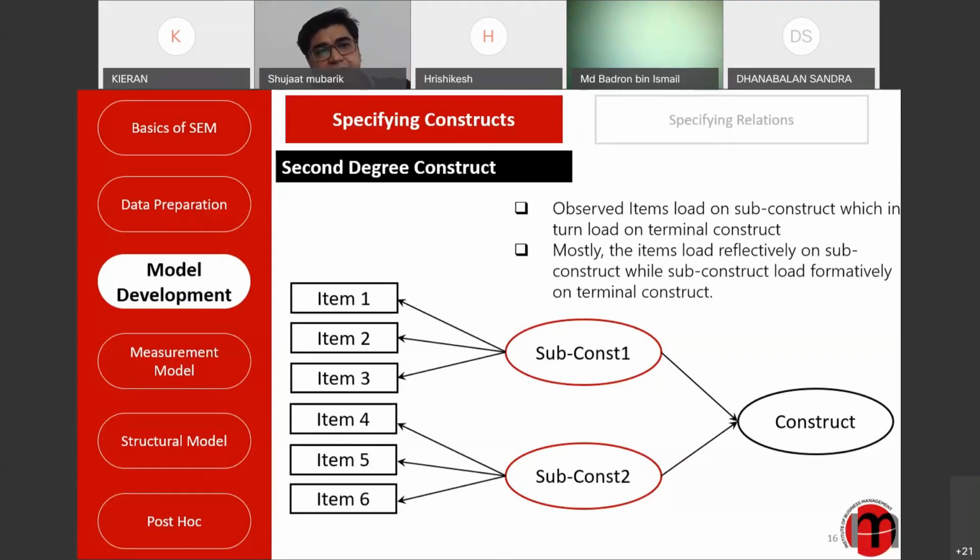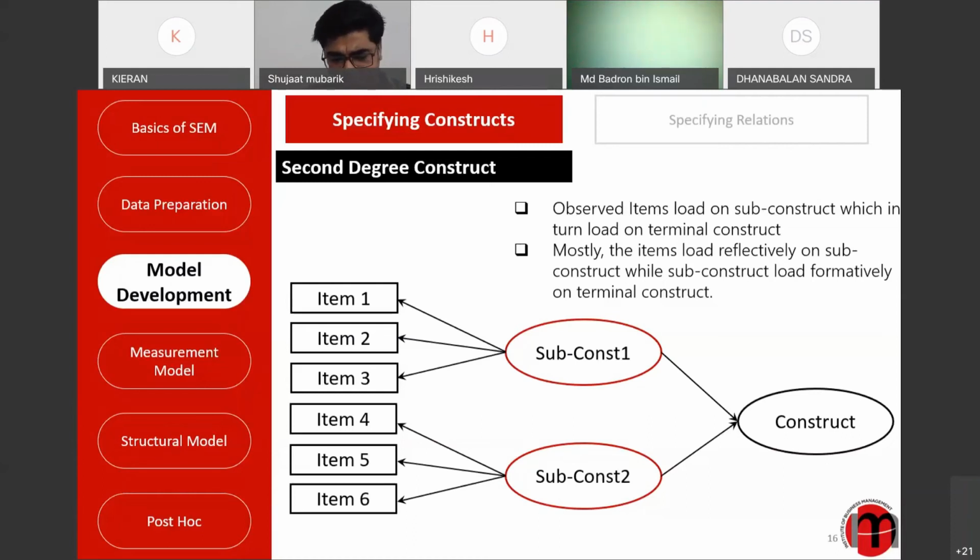Further, education is asked by three questions, for example about the quality of education, the years of schooling, the technicality of education. Likewise, experience is asked by various questions about organizational tenure, level of responsibility, related industry experience, and all that. So in this case, it becomes a third degree construct. The construct has subconstructs in terms of three dimensions, then those dimensions have further dimensions, which are gauged with the help of the items.